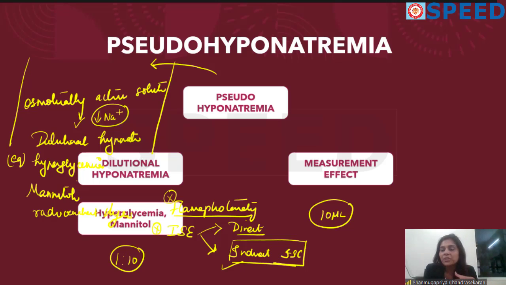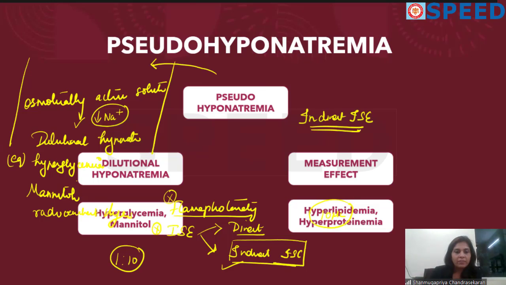The other one is a measurement effect, which happens only when sodium is estimated by indirect ISE, where an abnormality of sodium value is observed whenever there is hyperlipidemia or hyperproteinemia.